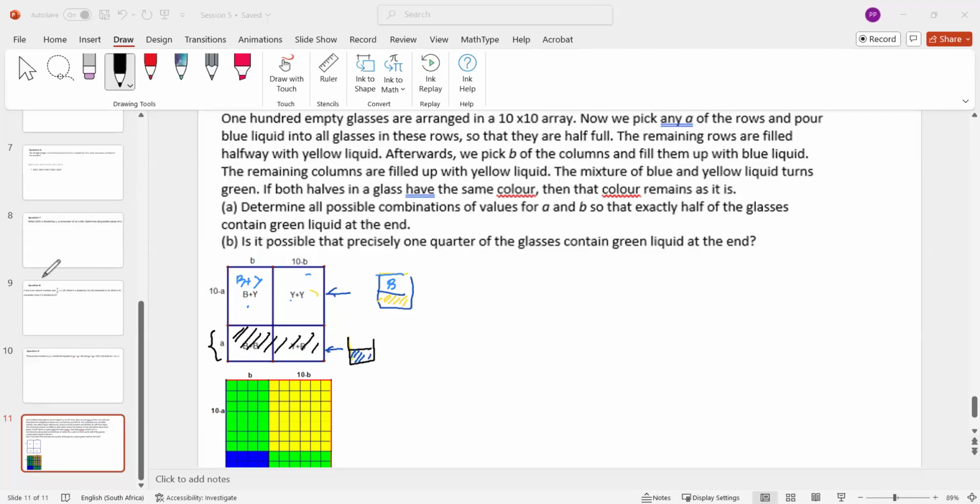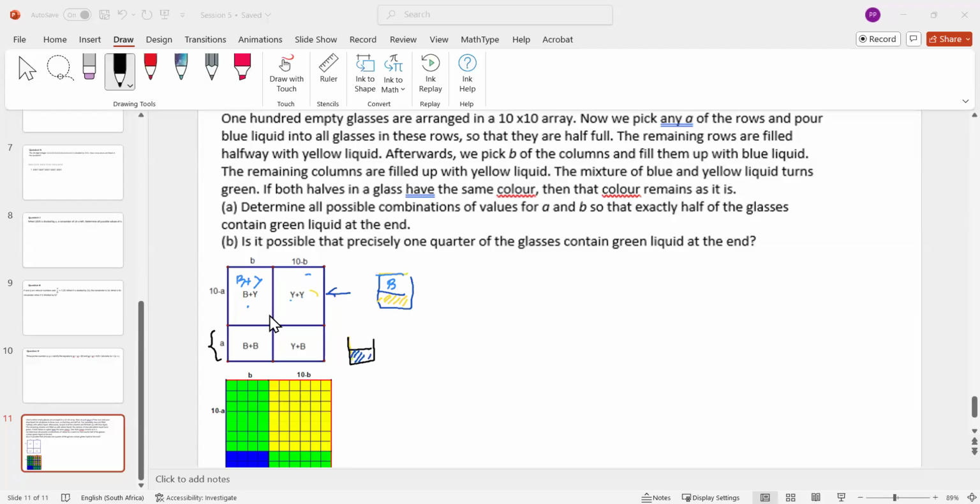And here you got B and B twice. So that remains as blue. And then here I've got Y and B. All right, so half of them is blue, half of them is yellow, and sometimes both halves are blue and both halves are yellow. So that's what I'm capturing into this diagram here.